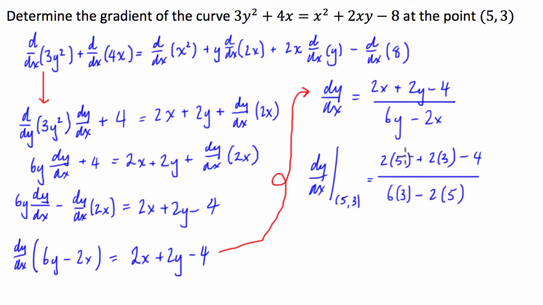So 2 times 5 is 10, plus 6 is 16, take 4 is 12. And we have 18 take 10 is 8, so dy/dx evaluated at (5, 3) is equal to 3 over 2.